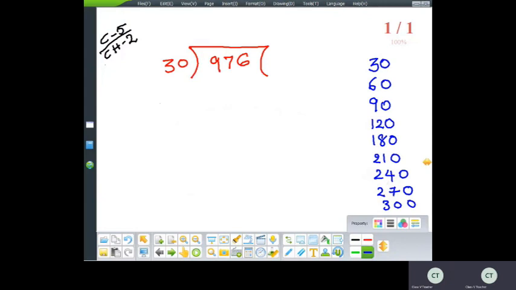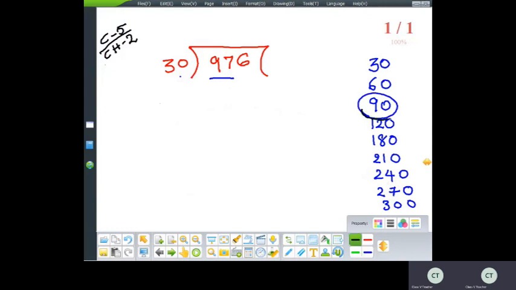So this is the 30 table. So now let us do the division part. Firstly, let us take 2 digits, because the divisor is also 2-digit. 97 is bigger than 30. So in the 30 table, where will you get 97? You will not get it, but the nearest is 90.